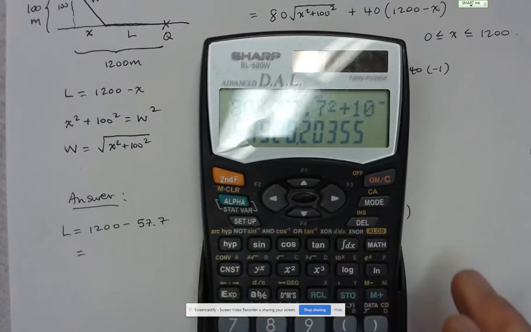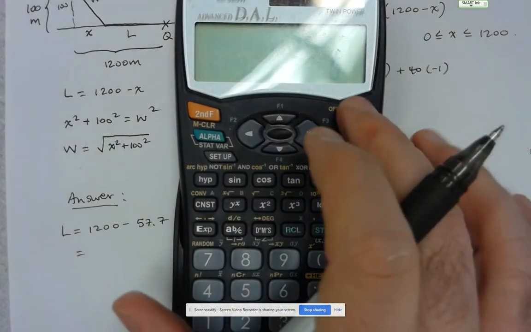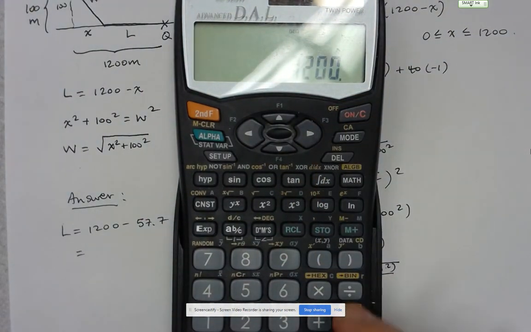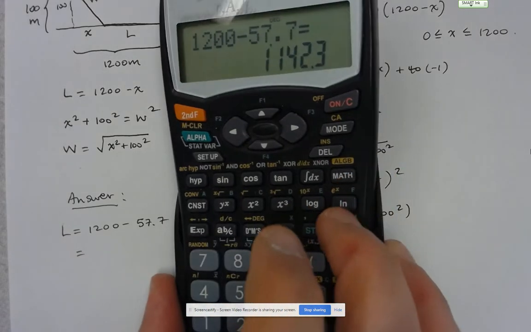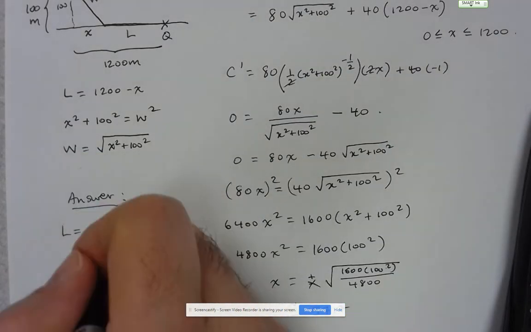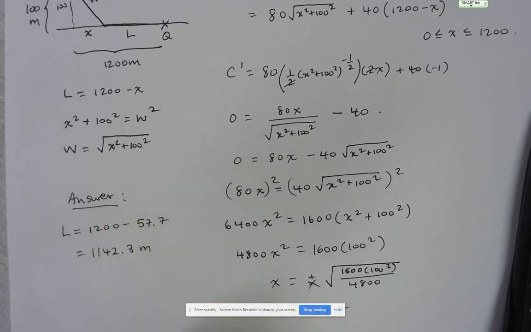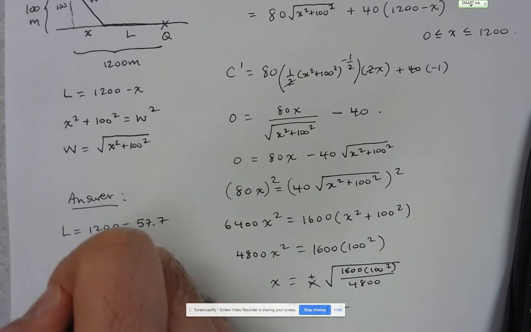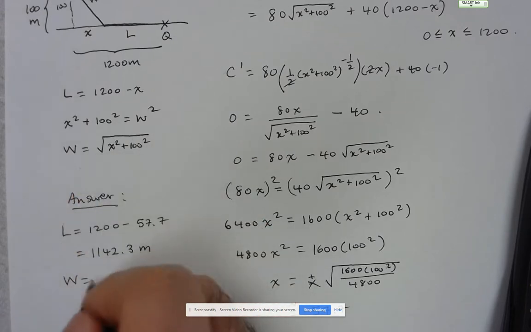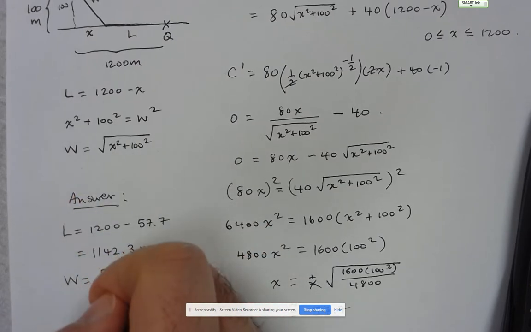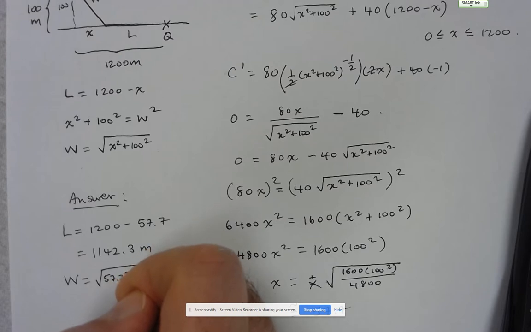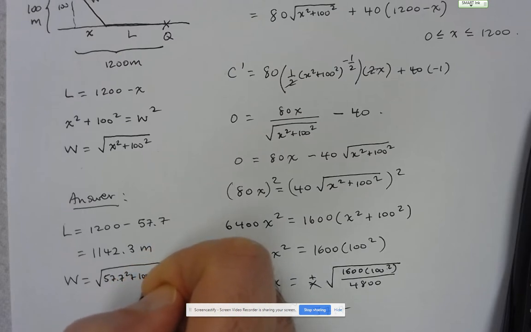So that's 1200 minus 57.7. Okay, so we have 1142.3 meters, and then the width is just going to be equal to the square root of 57.7 squared plus 100 squared.